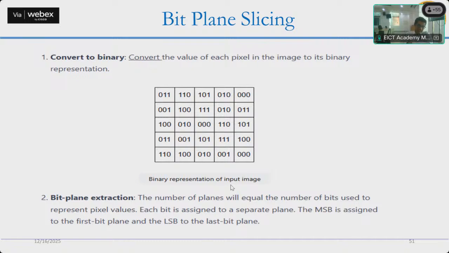In bit plane extraction, the number of planes will equal the number of bits. For example, 3 bits means 3 planes. Each bit is assigned to a separate plane. The MSB is assigned to the first bit plane and the LSB to the last bit plane.